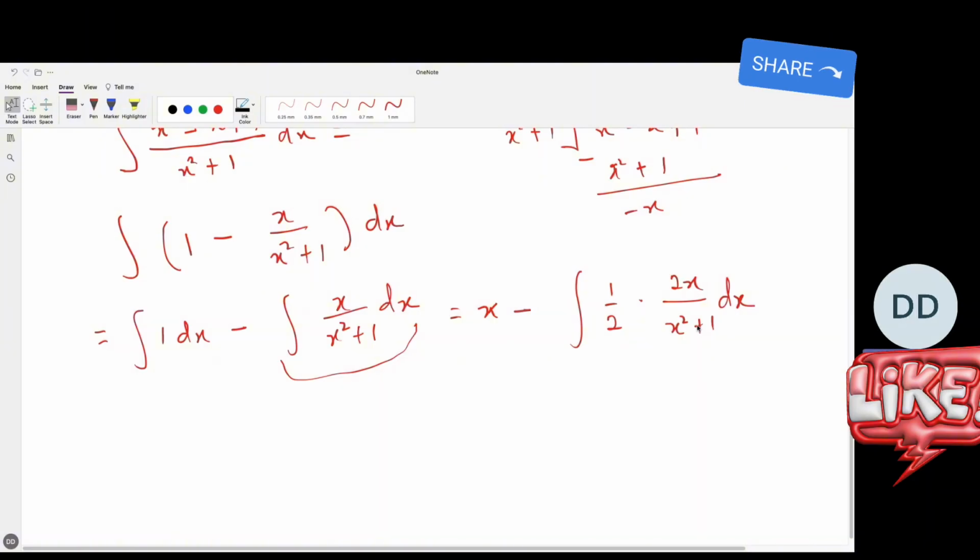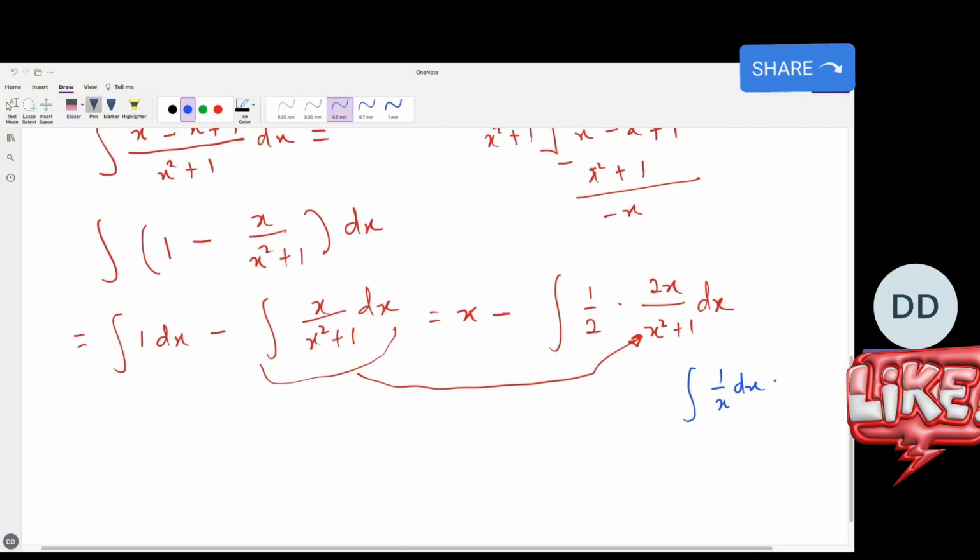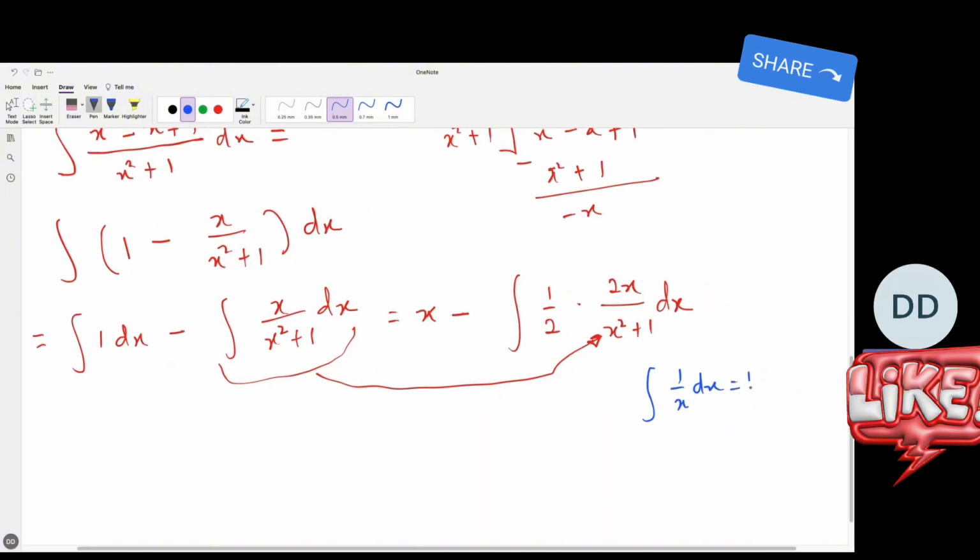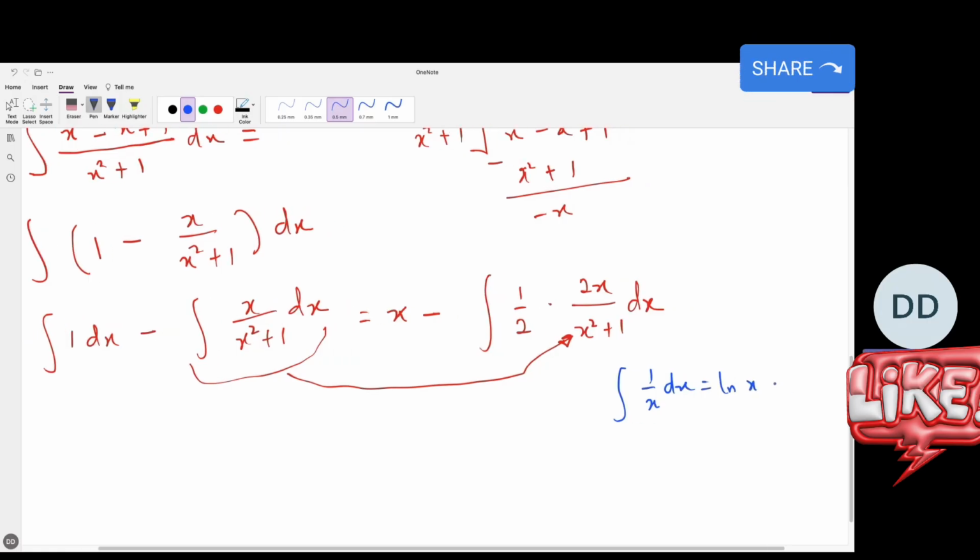Now, you might want to know, how do you know that we ought to move this one to this one? Now, the simple idea is this. You know very well that if you integrate 1 over x dx, what do you have? That's natural log of x plus c.